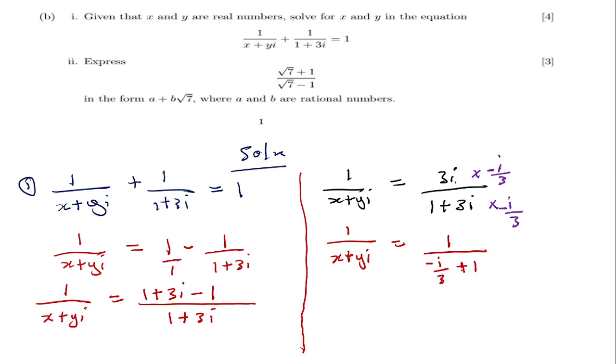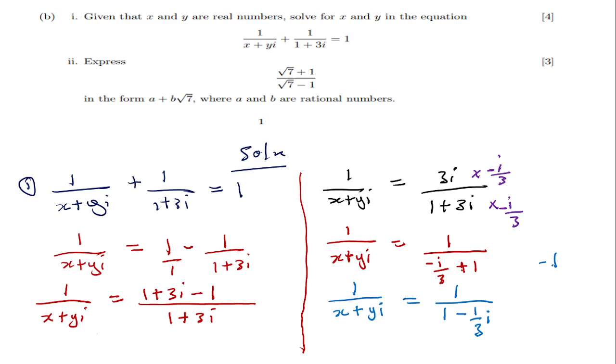Let me change my color. You're going to say 1 over x plus yi is equal to 1 over, and you rearrange this: 1 minus 1 over 3 and then i outside, because you know that negative 1 over 3 times i, which is negative i over 3, is one and the same.